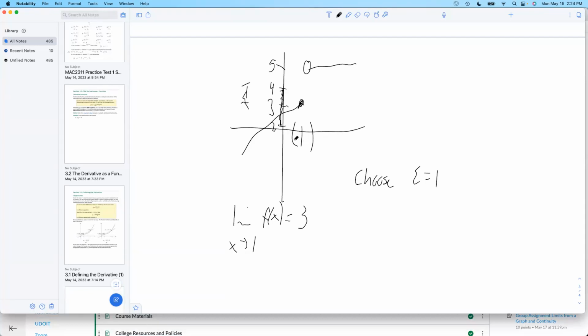No matter what delta you choose, you could choose any little tiny distance delta you want right here, these y values right here are all going to be up here. They're not going to live inside that window. So this will not work because that limit doesn't exist.